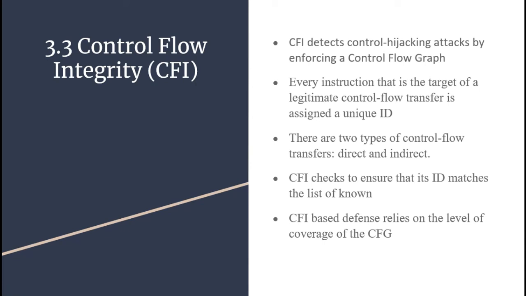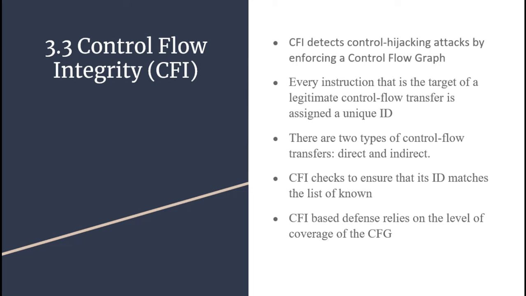There are two types of control flow transfer: direct and indirect. Direct transfers have a fixed target, so one can match against the fixed target address to enforce the control flow transfer.